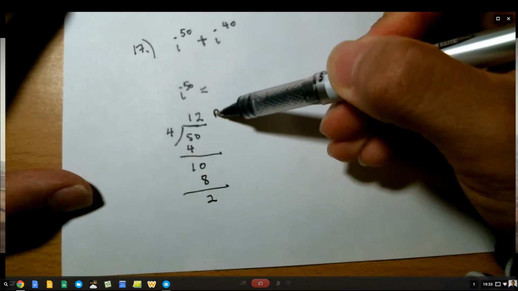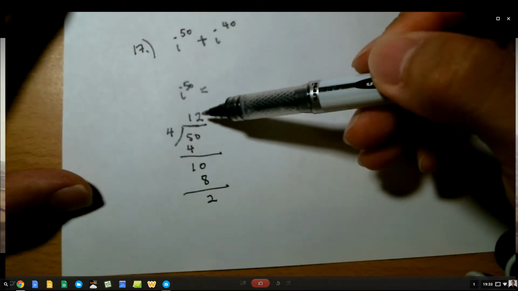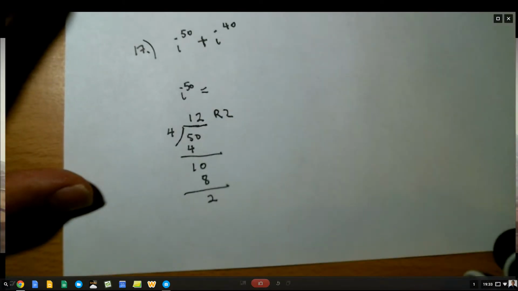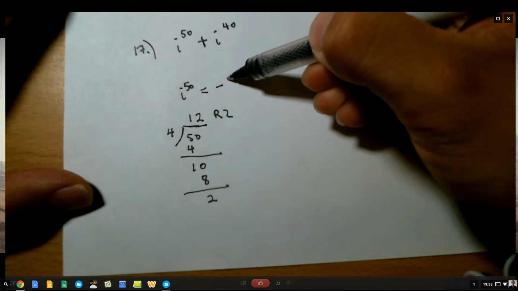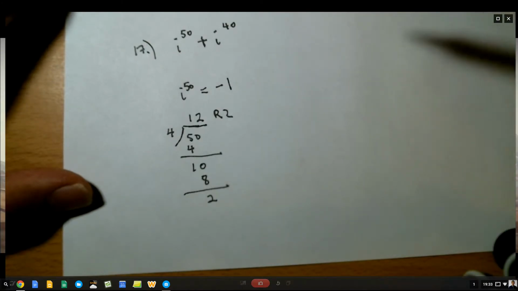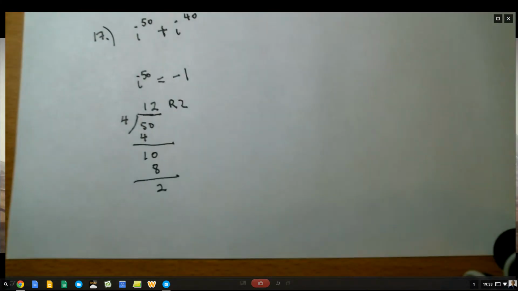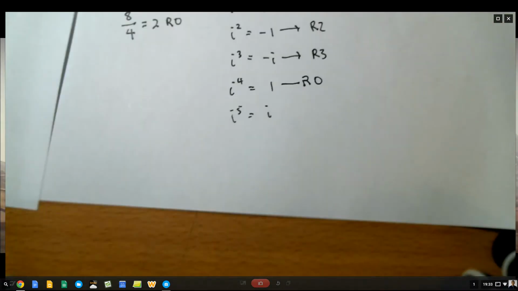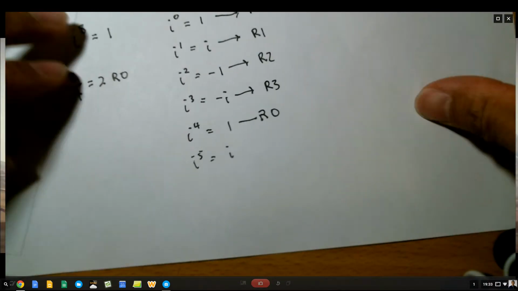And you have 12, remainder 2. So it cycles 12 times and it's left with a remainder of 2. And what do we say remainder 2 was? Remainder 2 is negative 1. So i to the 50 is negative 1, because we have a remainder of 2.